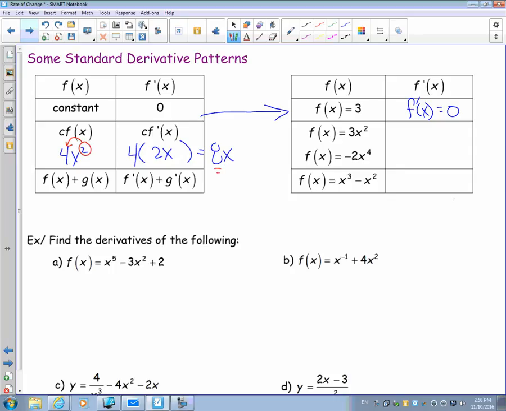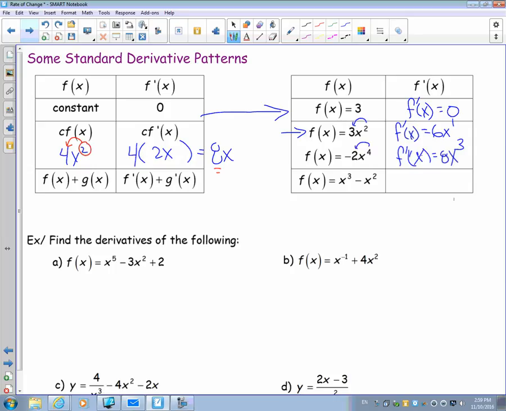And with that in mind, if I look at my examples, if my function is 3x squared, its derivative will be 2 times 3, oops, I missed an x in there, sorry. 2 times 3 makes 6, and x to the 1. If I do the next one, 4 times 2 is negative 8, x to the 3. For some reason there's a minus on there, sorry guys.